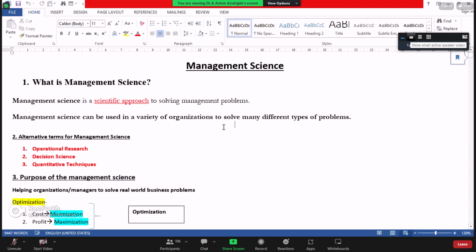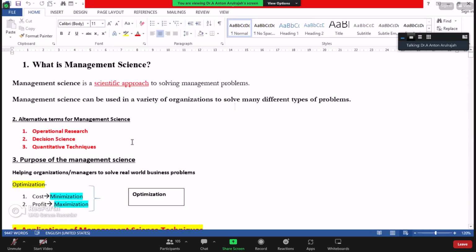There are more than 20 to 40 applications, especially in organizations.